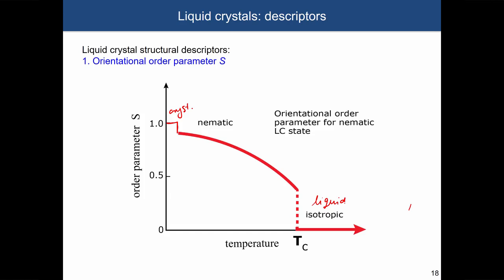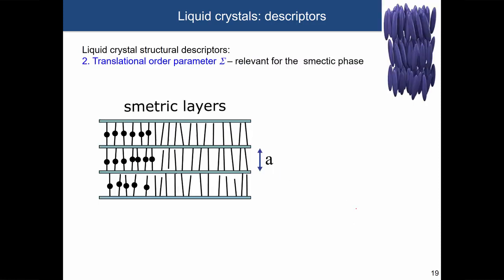For the smectic crystals, again, it can be used, but because there is an additional level of ordering, we can define yet another descriptor that is quite useful. For example, when I plot the probability that you find a molecule at a certain distance z along the layered smectic crystal, this probability would look somehow like this.